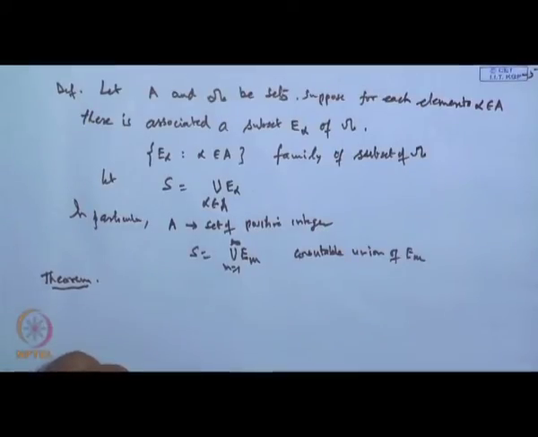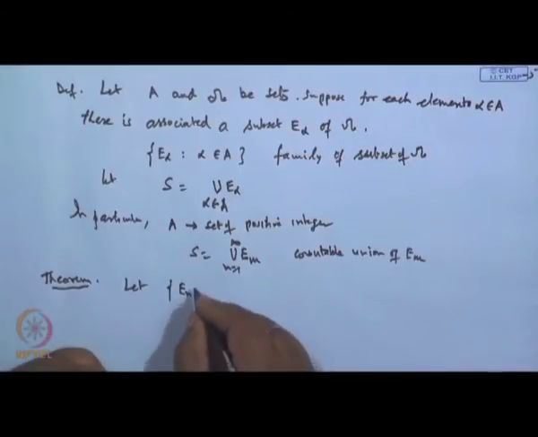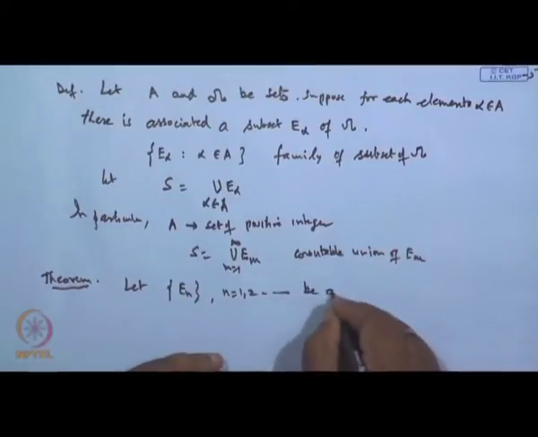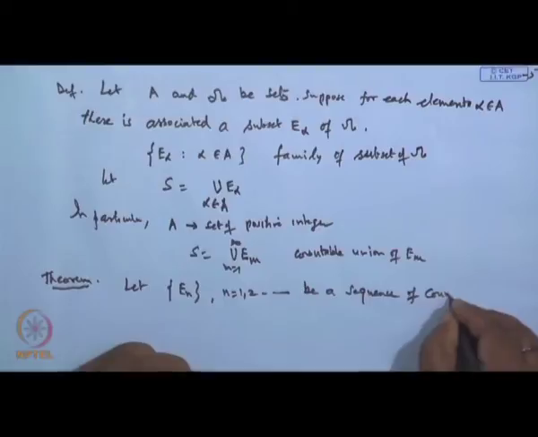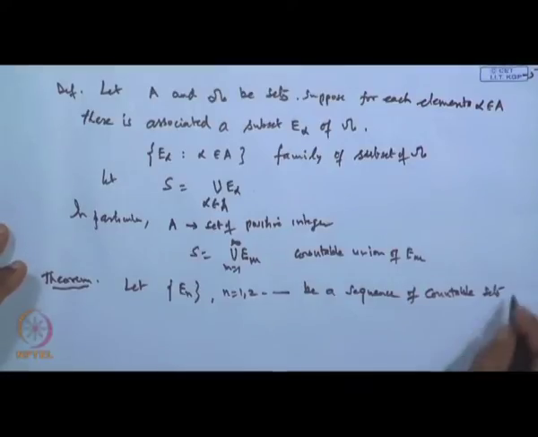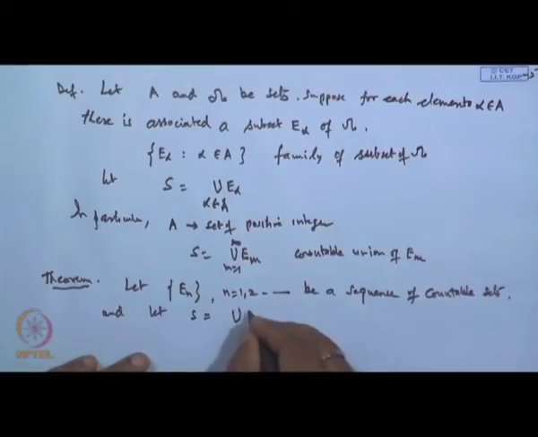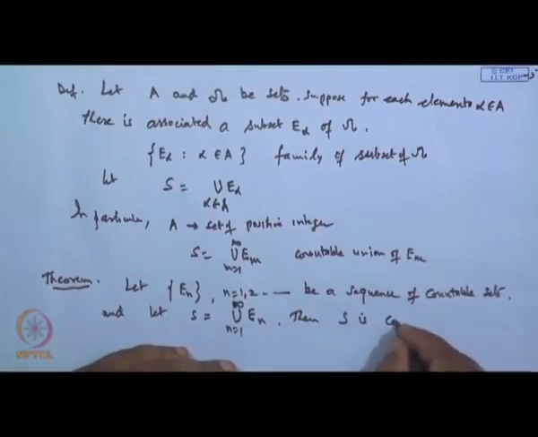Let us suppose E_n, n is 1, 2, and so on, be a sequence of countable sets, and let S be the countable union of E_n's, n is 1 to infinity. Then what we claim is that S is countable.